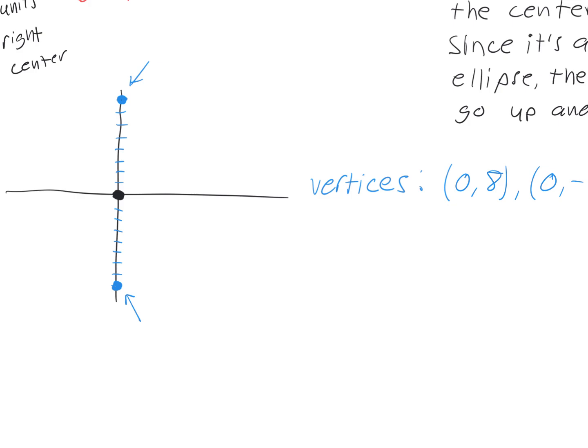And now let's find our co-vertices. Again, we said that b is 4. So I'm going to go 4 units to the right and plot a point. And then I'm going to go 4 units to the left and plot a point.